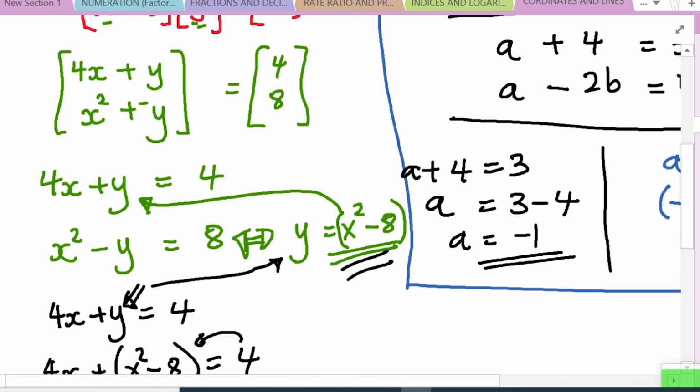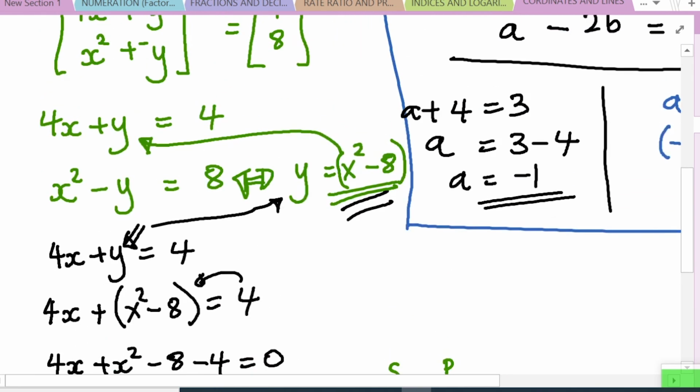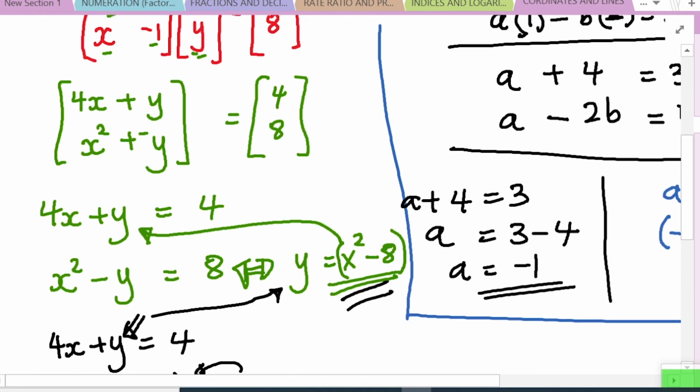We can get the value of y by substituting in any of those numbers up there. Let's get the first equation to substitute and get the value of y: 4x plus y is equal to 4.